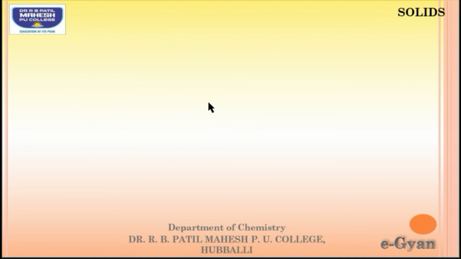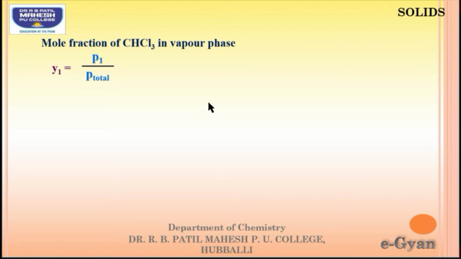Now the mole fraction of chloroform in the vapor phase. Some slides back I told you that the mole fraction in the vapor phase and in the solution phase will both be different. Now here we are calculating the mole fraction of chloroform in the vapor phase. The formula is P1 is equal to Y1 into P total. So Y1 I want, so Y1 is equal to P1 divided by P total.